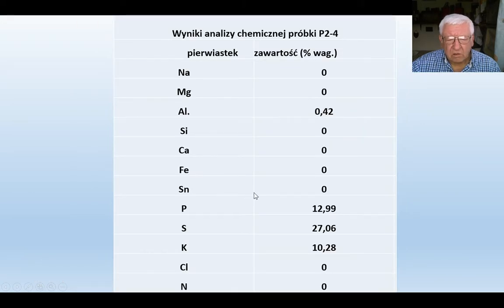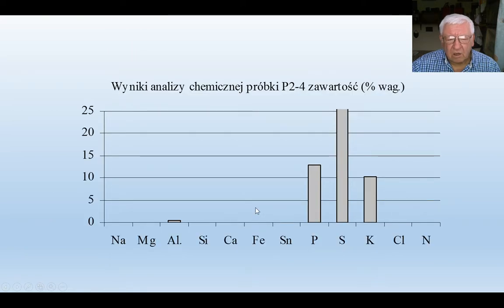And again, what we have, aluminium, for example, and phosphorus very high, sulfur very high, potassium very high, and no iron, for example, no calcium. At other places there were these elements, magnesium and sodium, there no.